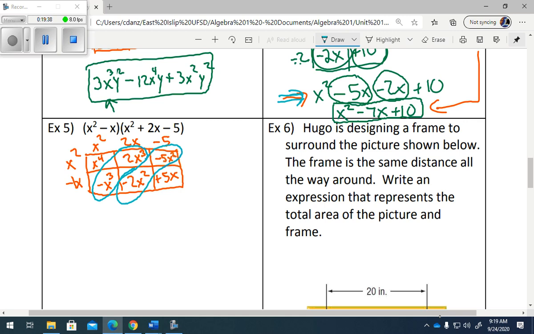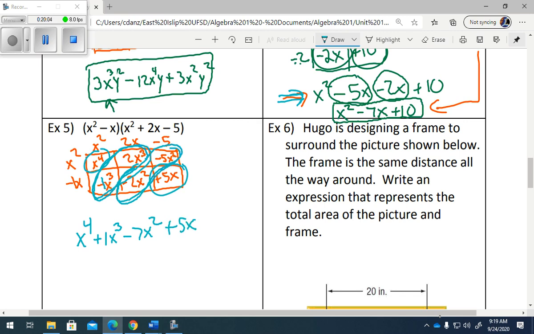I can write down this first, x to the 4th. I can combine these to get, remember this is like a -1, so it's a +1x to the 3rd. Then I can combine these, which will be a -7x to the 2nd, and then I write this down.